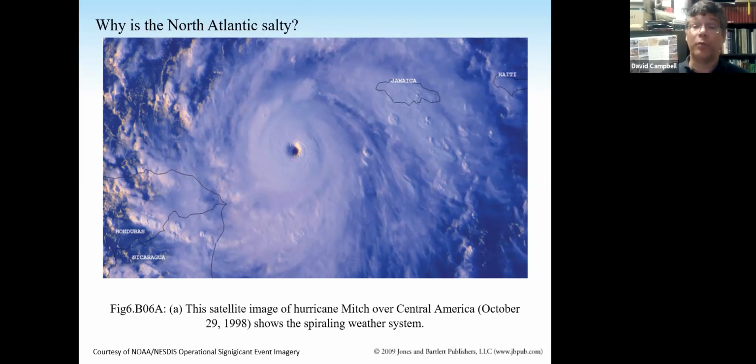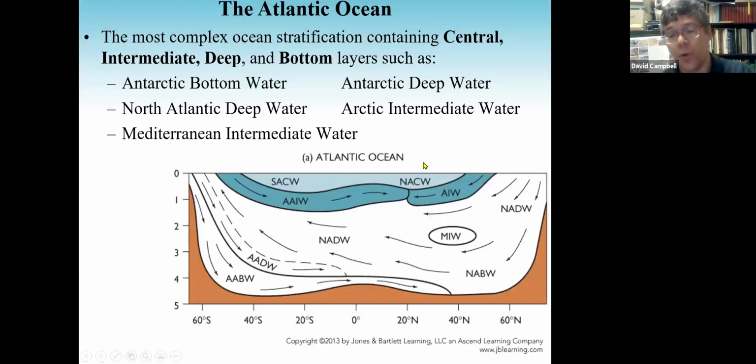As that is carried north by the Gulf Stream, it also ends up getting cold, and cold plus salty sinks. That cold, salty water sinking, that's the NADW, North Atlantic deep water here. MIW, that's our salty Mediterranean water coming in.